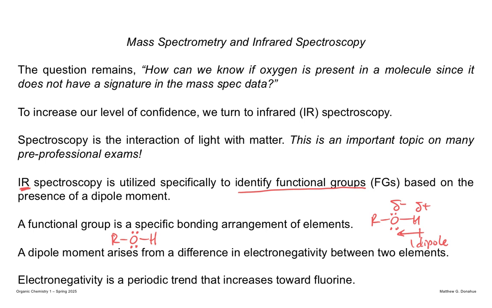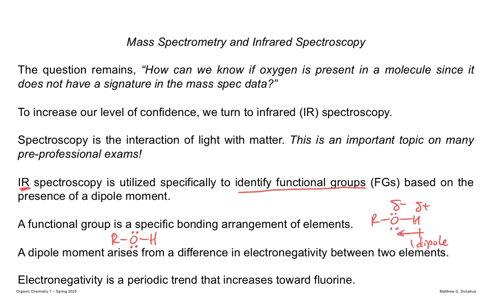And that's important for IR because in infrared, that light is exciting that dipole. If we think of the OH bond as something that can move, like the movement of a spring, the light's going to excite that dipole and make it move. And the instrument will detect that as a response. And that's the signal that we see.